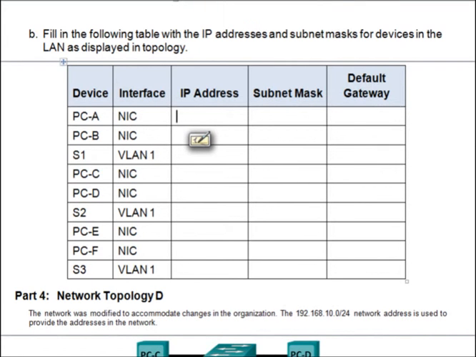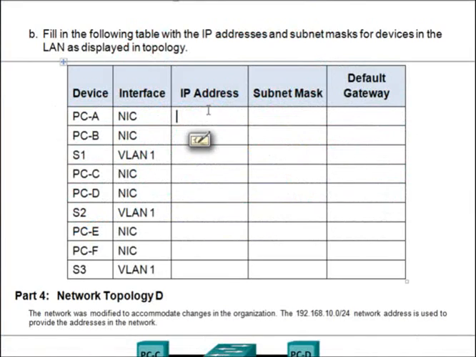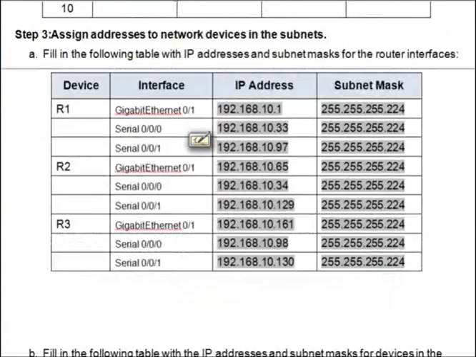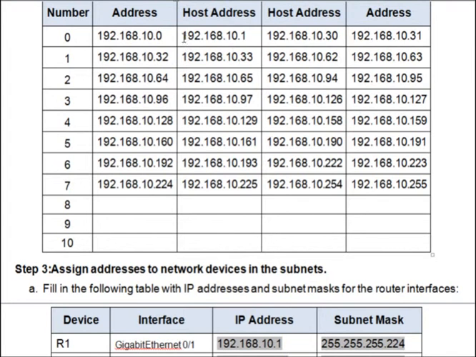So let's take a look at PCA. In this case, our PCA falls under subnet 0. So let's go on to subnet 0 over here. On subnet 0, our range is between 192.168.10.1 to 10.30. So in order to avoid any confusion between the allocated addresses, let's use the last available address.